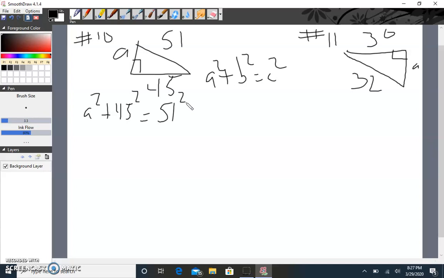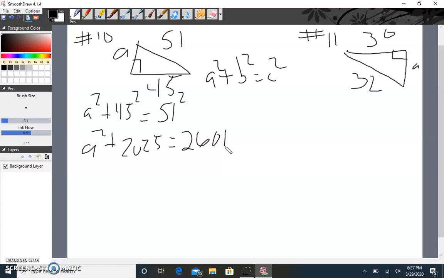Okay, so we work those out. A squared plus 45 squared is 2025. 51 squared is 2601. So a squared plus 2025 equals 2601.